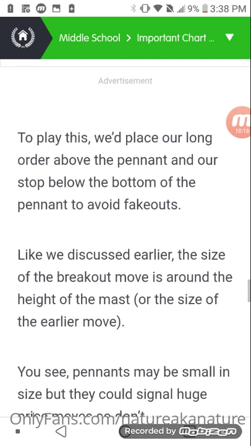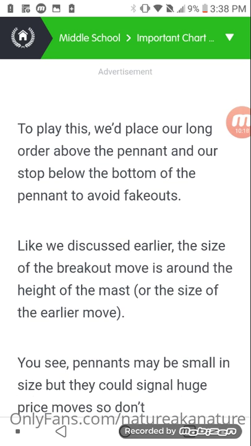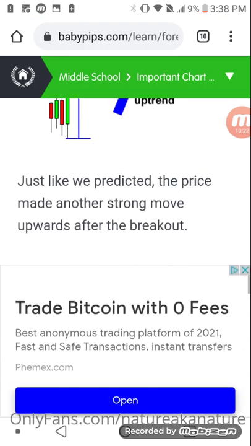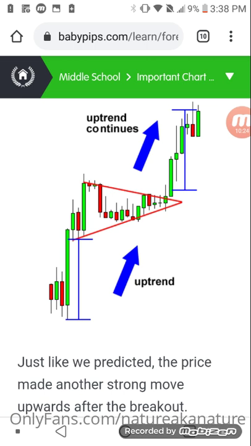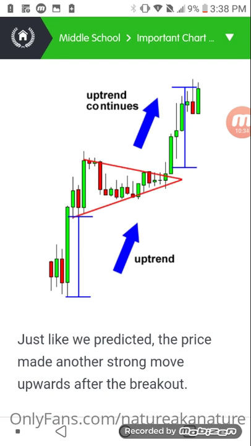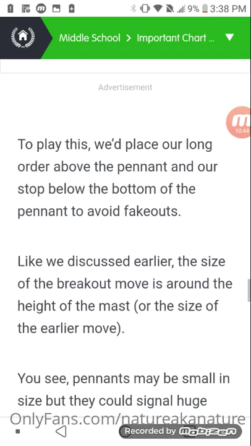Like we discussed earlier, the size of the breakout move is around the height of the mass, or the size of the earlier move. So the breakout is the same size as the earlier move. You can see the uptrend is the same size as the earlier uptrend. That's why they use the mass, so we can estimate how far price will continue to rise.